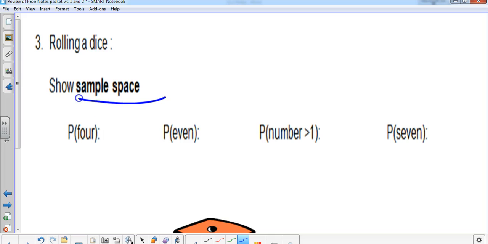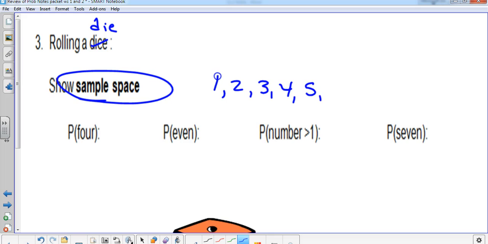A sample space, guys. If it asks you on a worksheet to list a sample space, that is not a probability. A sample space, you list the possible outcomes. So if you roll a die, the sample space is 1, 2, 3, 4, 5, and 6, because those are the possible outcomes.